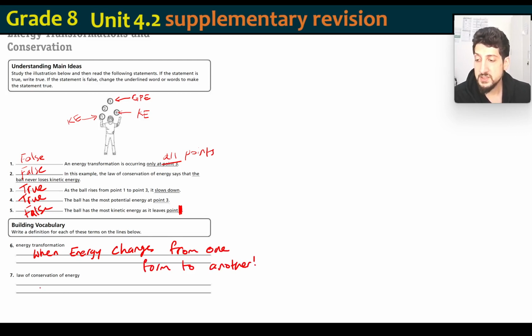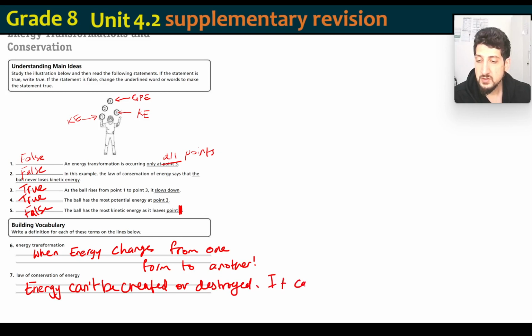The law of conservation of energy. Now you really need to know that one, and you need to be aware of it. This is a very important law in physics. The law of conservation of energy simply states that energy can't be created or destroyed.